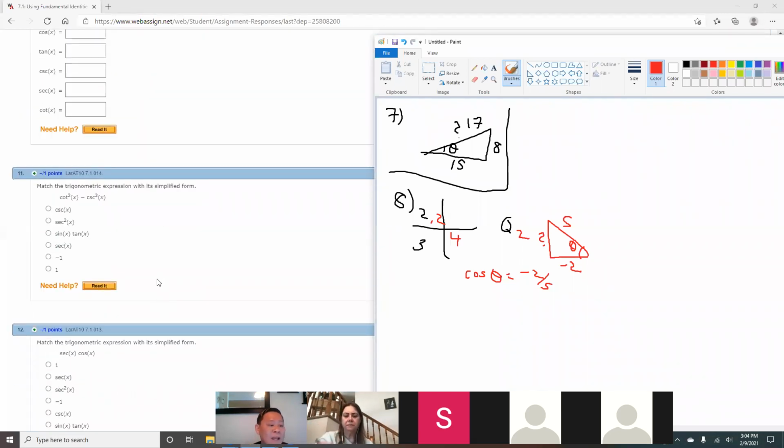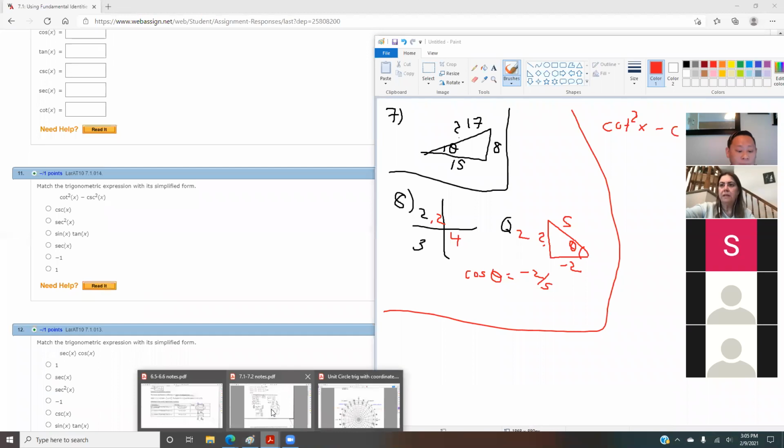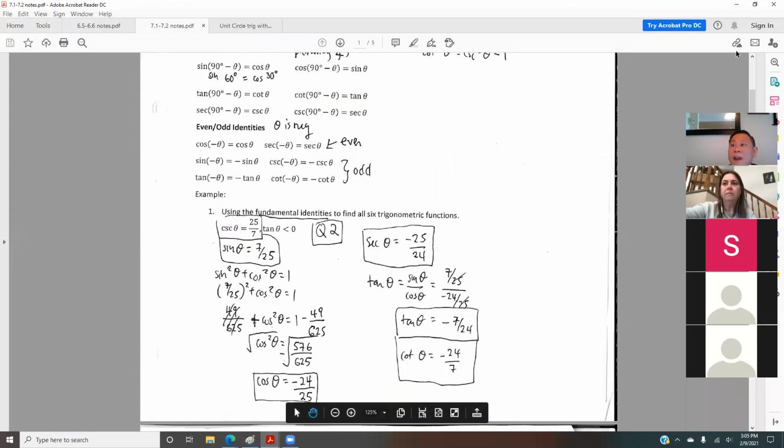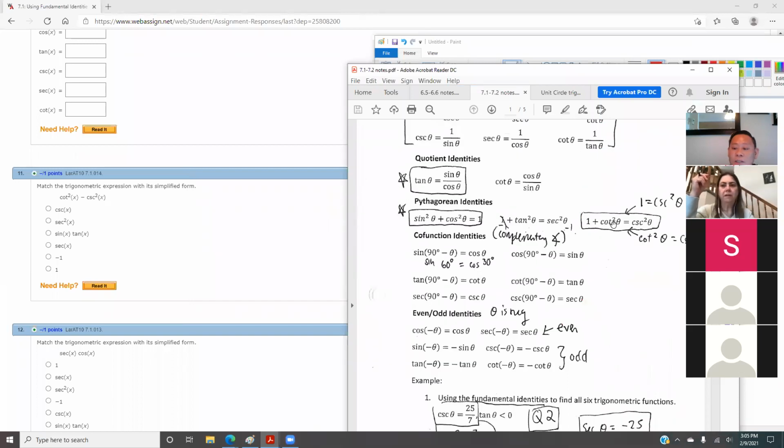Mainly what you guys need to do next is this kind of simplified form. What is cotangent square x minus cosecant square x? Once you see the square involved, which identity are you looking for? The Pythagorean one. Yes.